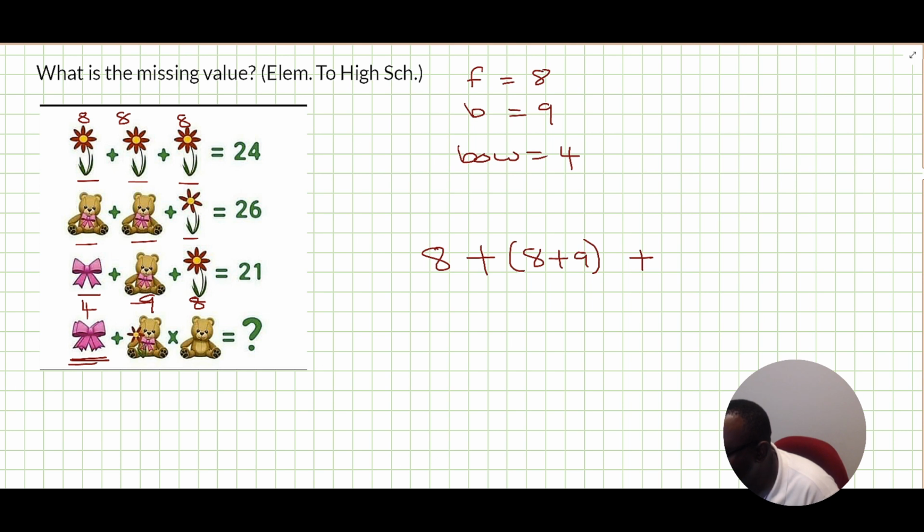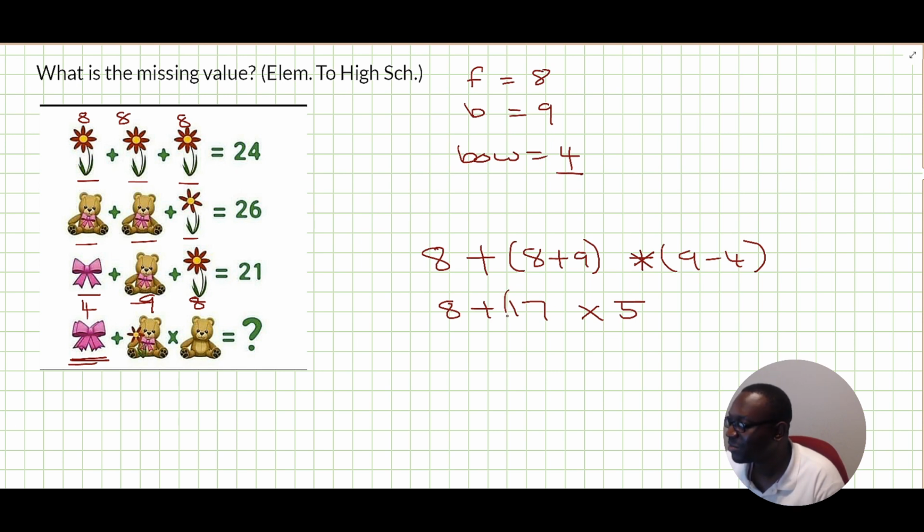Now we have the teddy bear without a bow. The bow costs 4 units, so we subtract 4 from 9, and that's going to be 5. So what we now have is 8 plus 17 multiplied by 5.